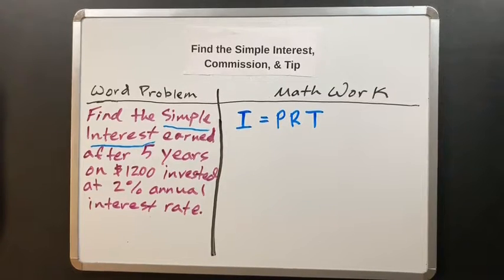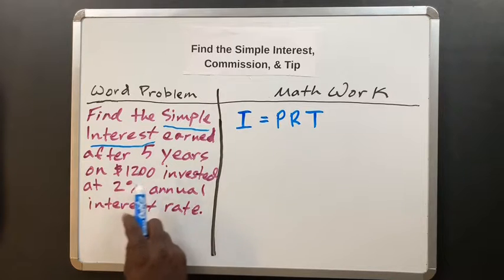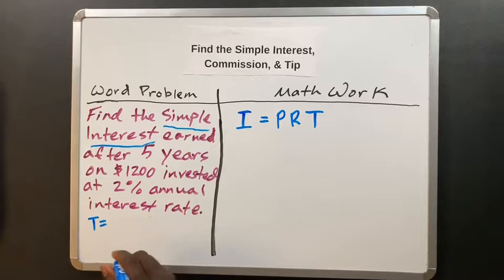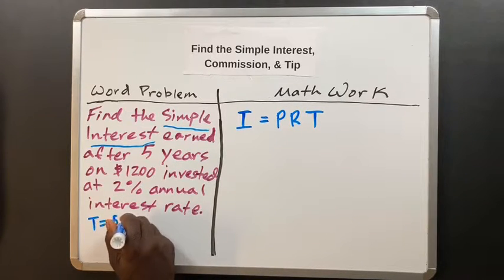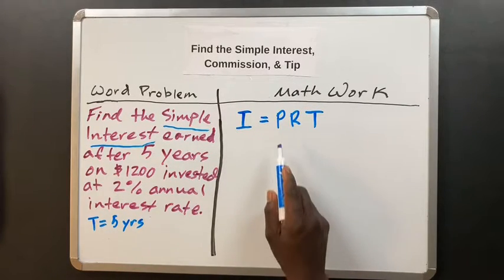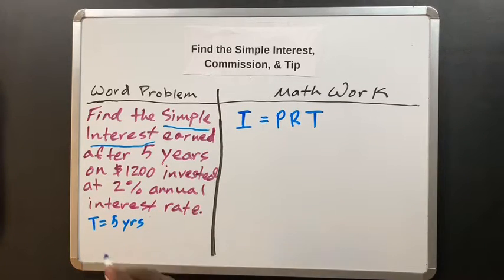Okay, so he wants to find a simple interest, and it says earned after 5 years. So we know that T equals time, and that's 5 years. Okay, and on $1,200 invested, that is the principal, P. That's the amount invested. So P, the principal, equals $1,200. Okay, at 2% annual interest rate.